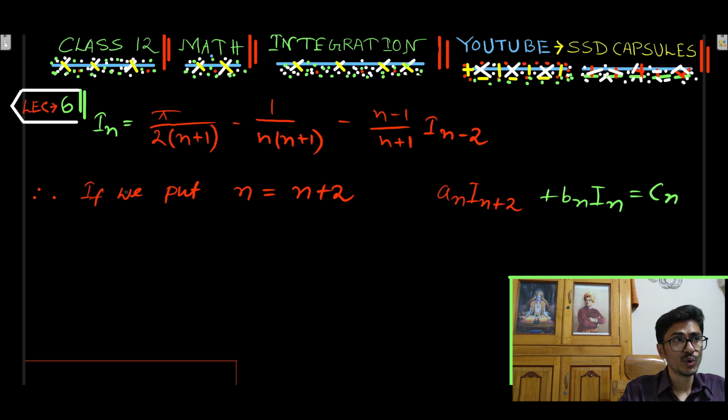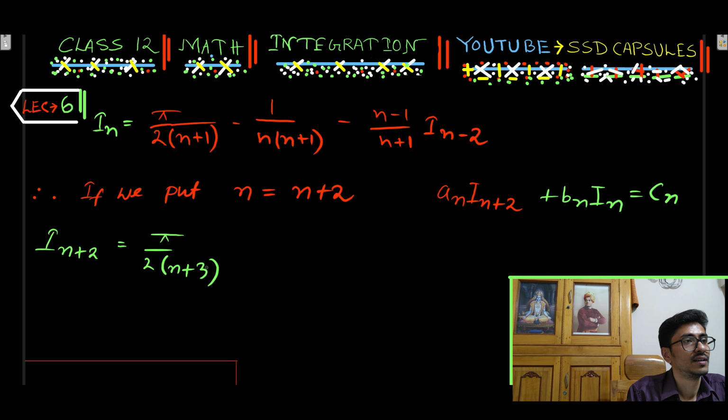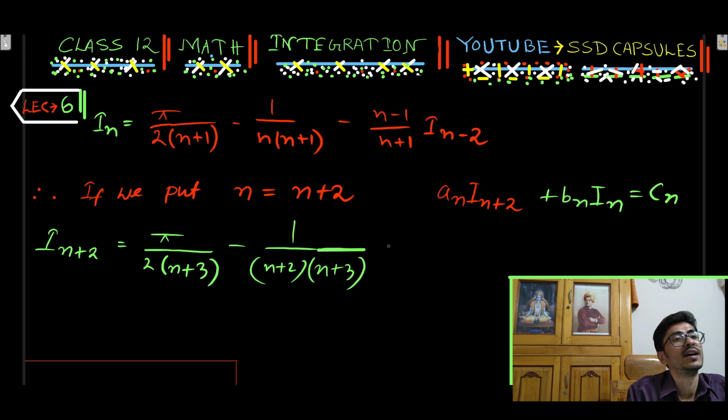So if we put n equal to n plus 2, then I_(n plus 2) equals pi by 2 (n plus 2 plus 1), so n plus 3, minus 1 by (n plus 2)(n plus 3), minus (n plus 2 minus 1) means n plus 1, over n plus 3, and here n minus 2 becomes n plus 2 minus 2, so I_n.